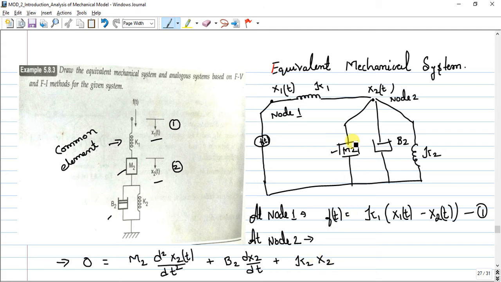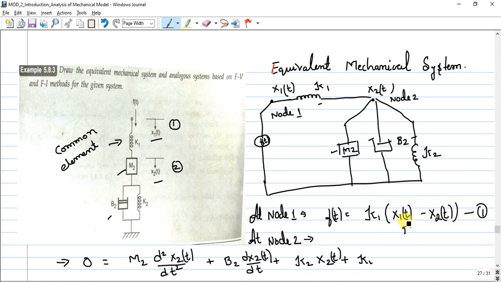So elements 1, 2, 3 are done, and we know that we have one more element, that is k1, which is acting as a common element in between x1 and x2. So here please check my equation. I will rewrite, okay, plus k1 times x1 of t minus x2 of t.